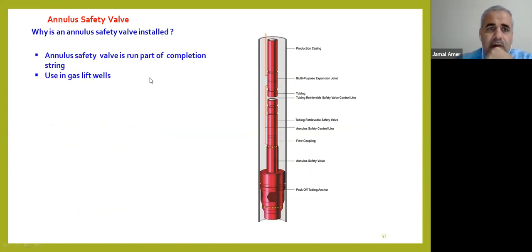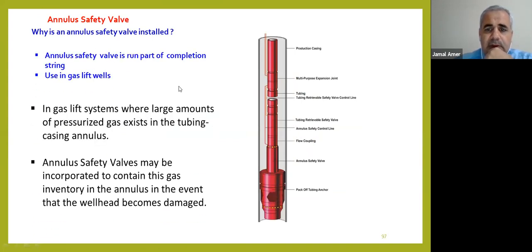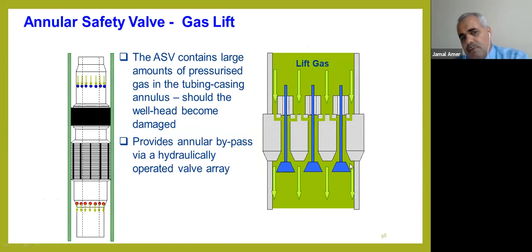Also, the second type, we have the annulus safety valve. This annulus safety valve, as we see from this part, is mainly used when we have gas injection. As you know, gas injection in the annulus is for artificial lift, what we call gas lift methods. When we produce the oil by gas lift methods, the pressure in the annulus will be high, so it is required to install this type, what we call the annulus safety valve for gas lift.